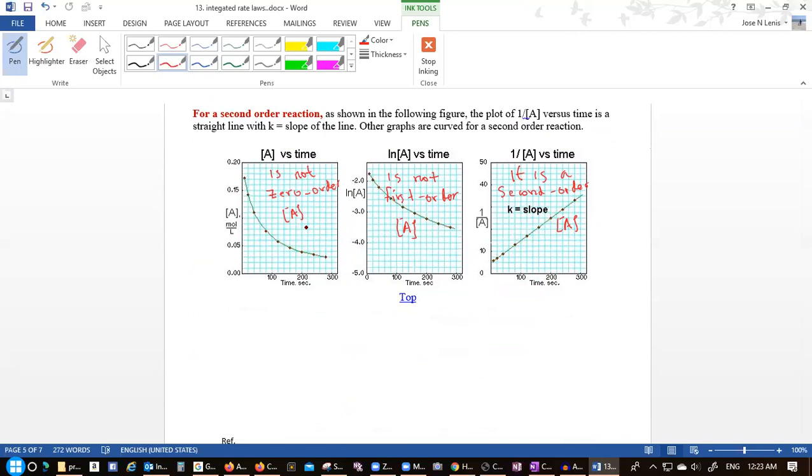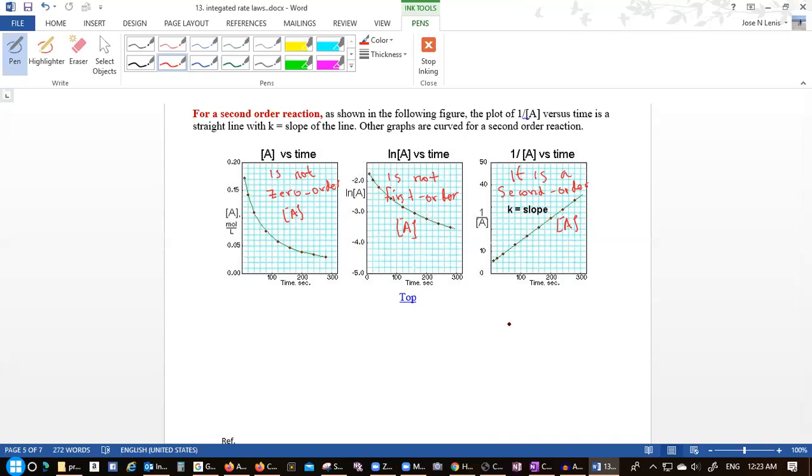I haven't seen that. I haven't heard that. Maybe it's possible, but I cannot confirm. You will get one of them as a straight line and the other two are not. So it's either zero order, first order, or second order.